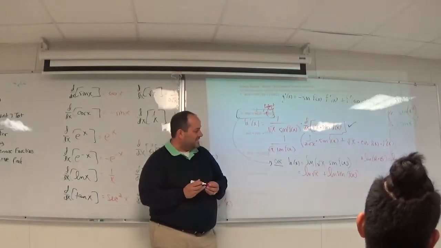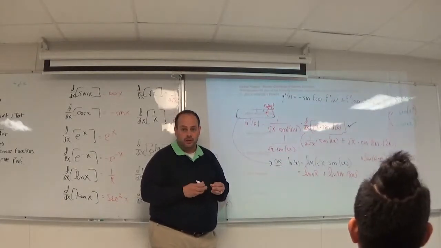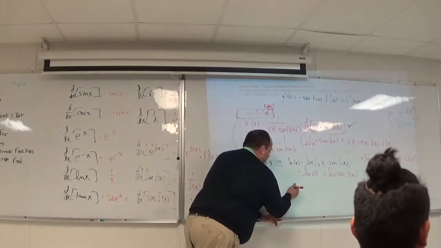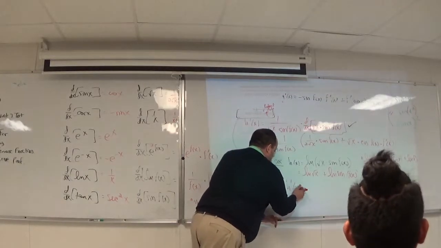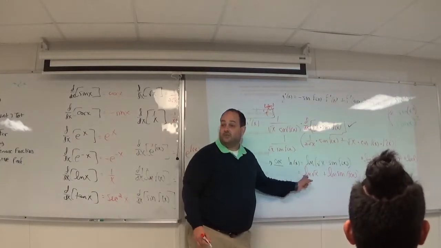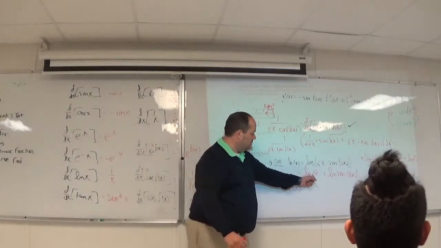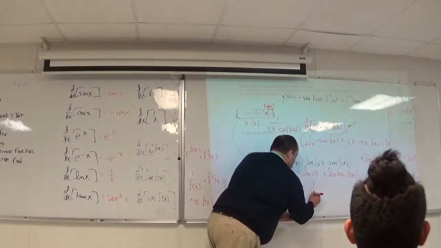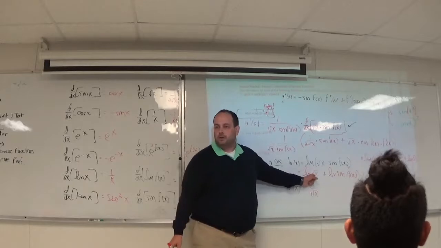And you might think, well gosh, isn't that worse? What's the derivative now? Derivative of natural log of square root of x is 1 over the square root of x. Don't stop there.